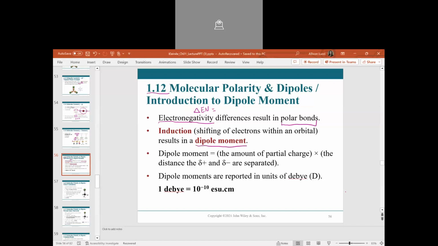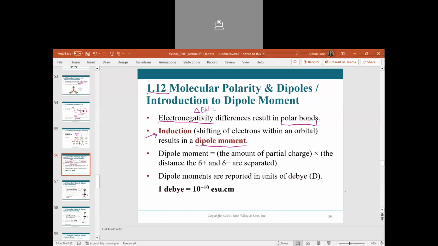So this shift of electrons, or induction, is this shifting of electrons within an orbital, can result in a dipole moment. So once we have this dipole that's created, different properties of molecules exist versus nonpolar.